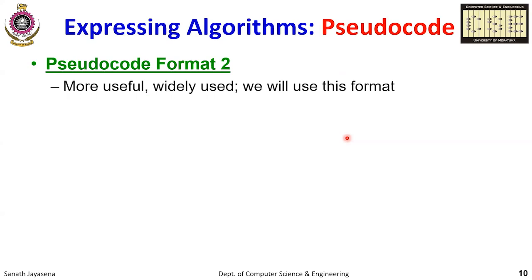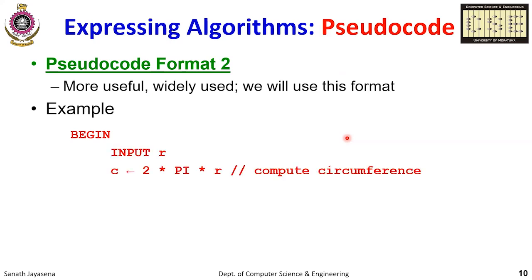We are going to use this format. This is our preferred format. So for the computation of the circumference and area of a circle, you can write the algorithm like this. Begin, and then we input R, compute the circumference, compute the area, and output, and then say end.